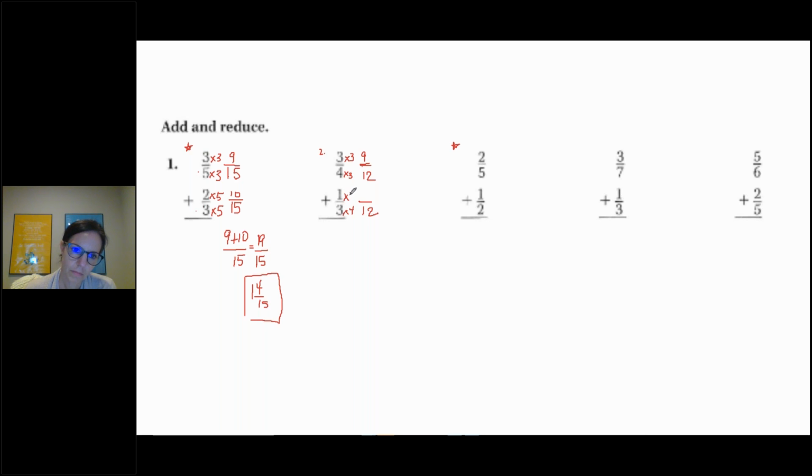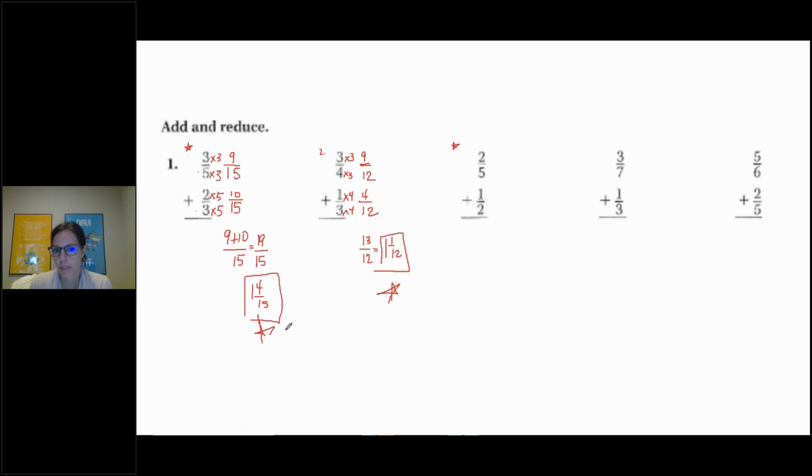Oh no, 4 over 12. 13 over 12. It would be 1 and 1 over 12. And we are done. Yay!